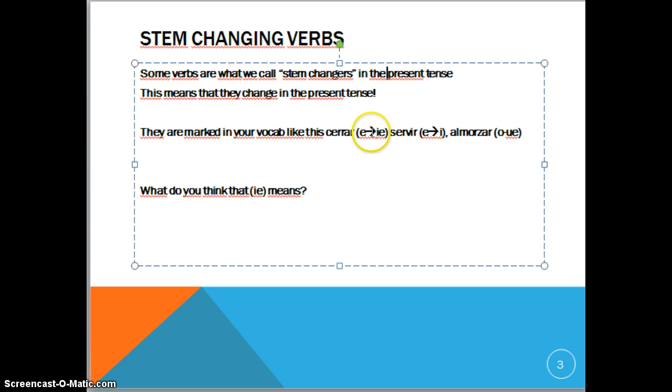So that IE means that this E is going to change into an IE. This E is going to change to an I. This O is going to change to a UE. That's all that means.